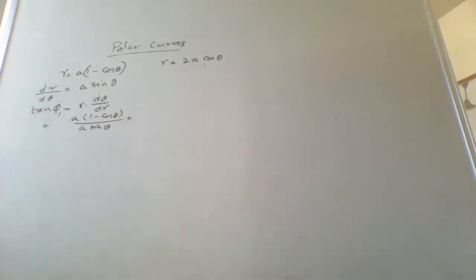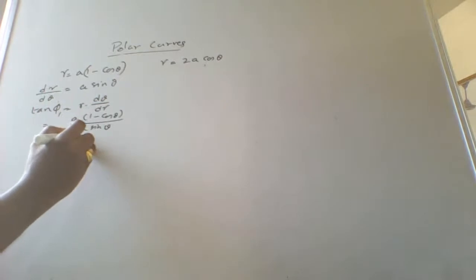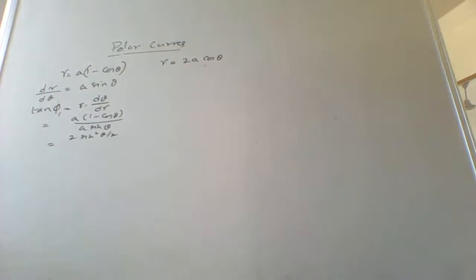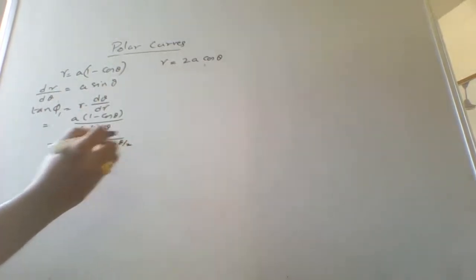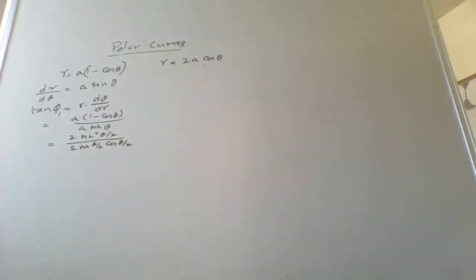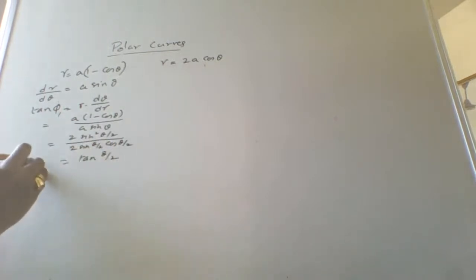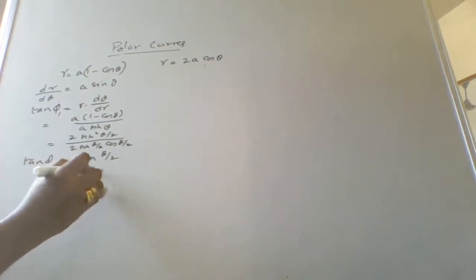If I try to simplify this further, I get 2 sine square theta by 2, and in the denominator I get 2 sine theta by 2 and cos theta by 2. The 2 gets cancelled and one term of sine gets cancelled, so I am left with only tan theta by 2, which is tan phi 1. So phi 1 would be theta by 2.